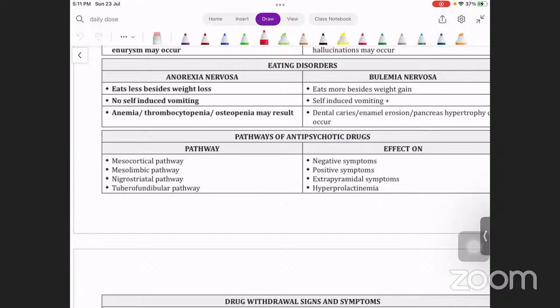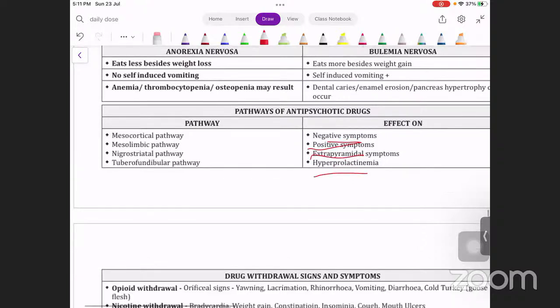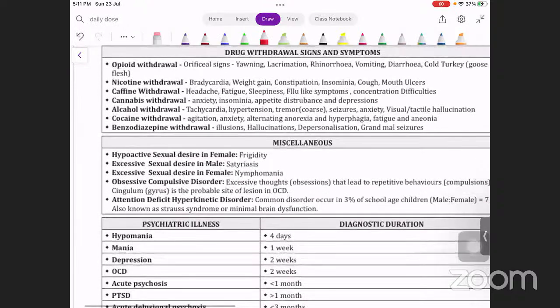Apart from that, you have the pathways of antipsychotics: mesocortical, negative symptoms; mesolimbic, positive symptoms; nigrostriatal, extrapyramidal; and tuberoinfundibular, hyperprolactinemia.